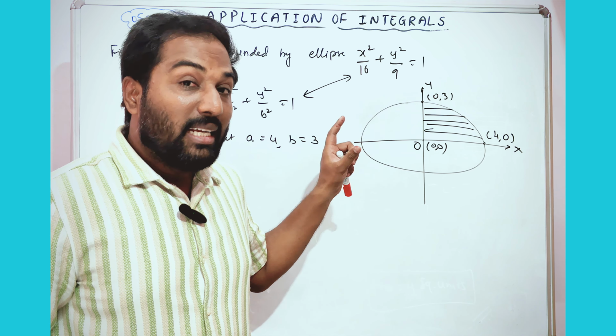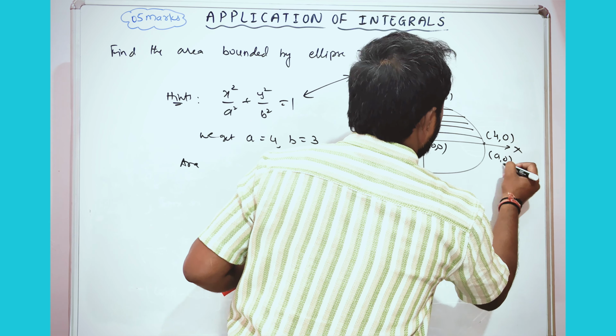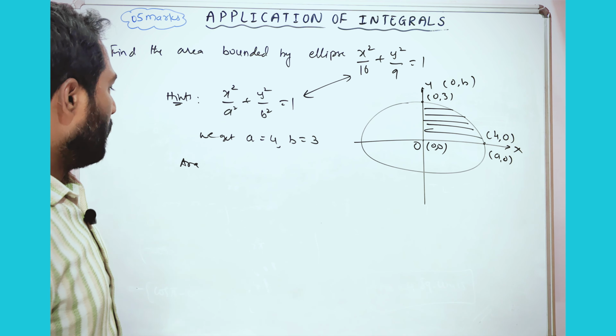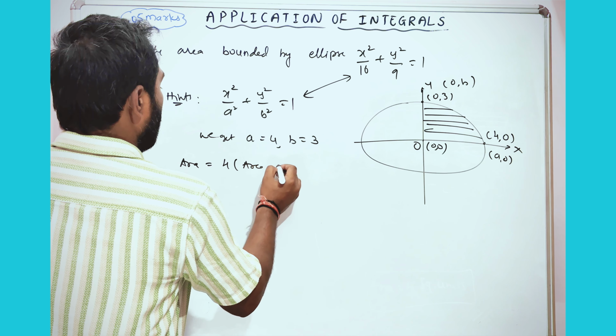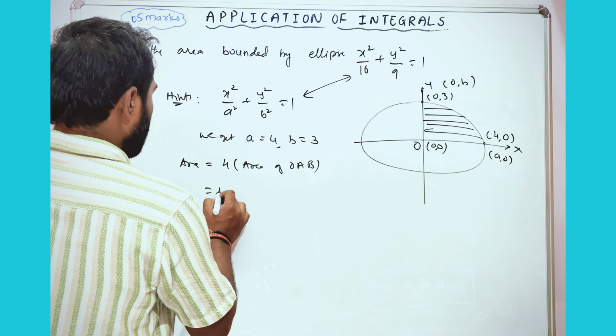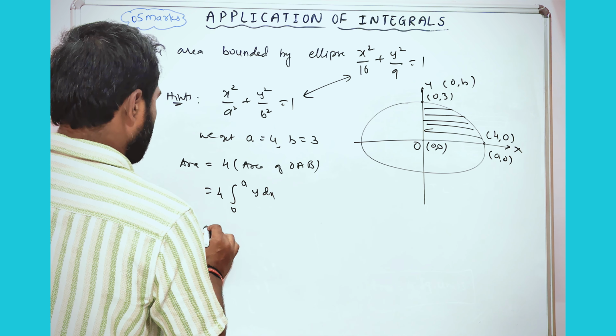This is exactly the same as the first example. The general problem points are a, 0 and 0, b. The area will be 4 times the area of OAB. 4 times 0 to a, y dx.